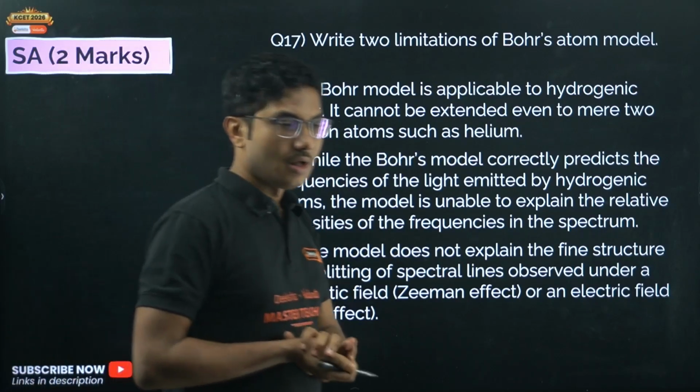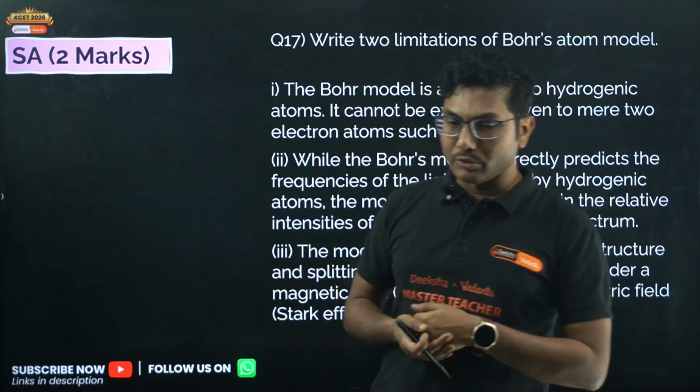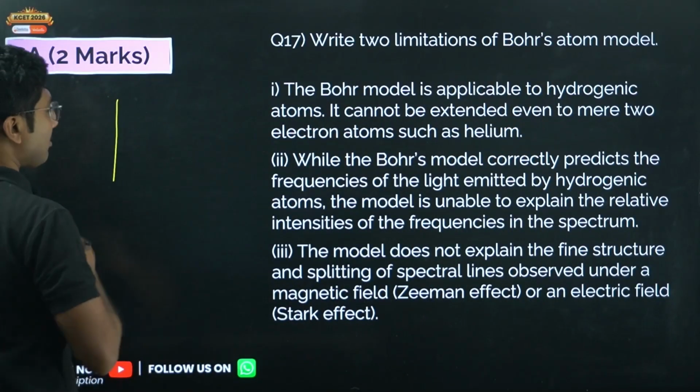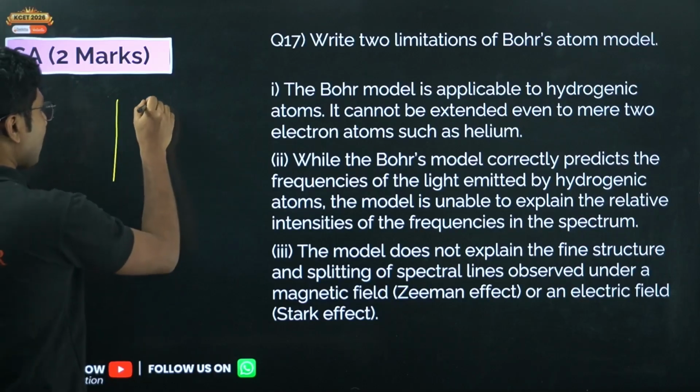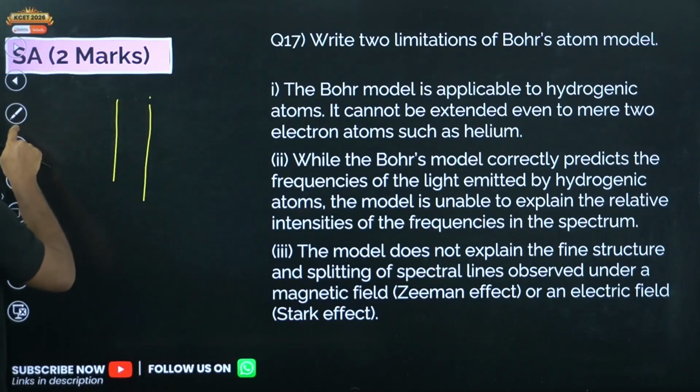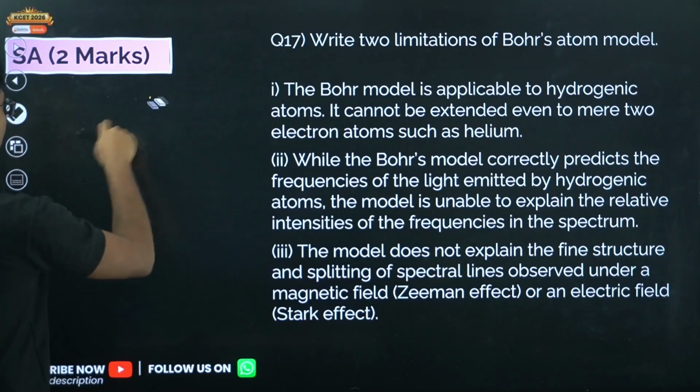According to Bohr's model, all lines should be equally bright, but when we observe the spectrum, we see some of them are brighter than others. So that's why relative intensities cannot be explained using Bohr's model.